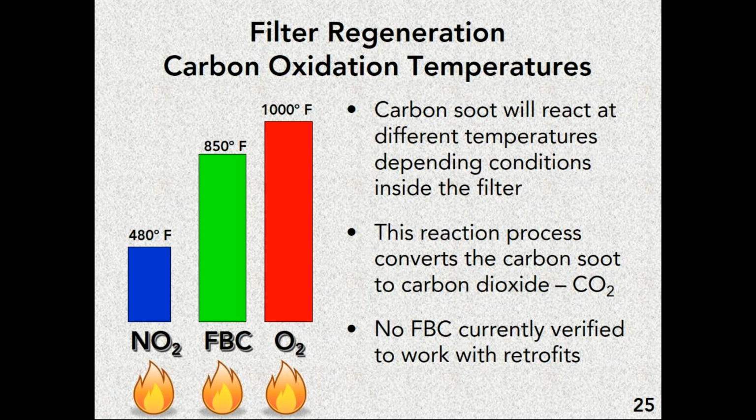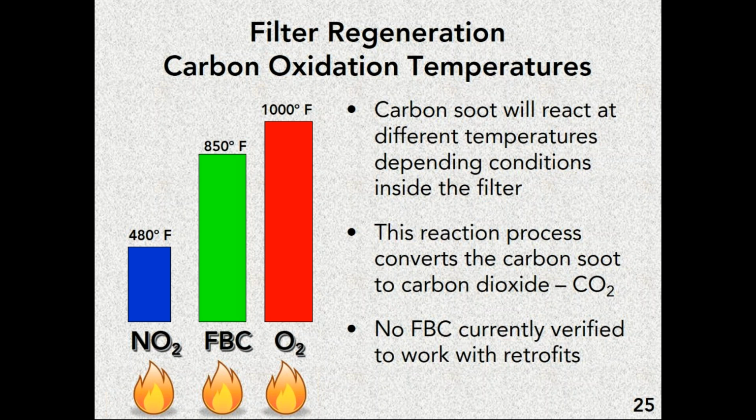We need a temperature that is lower, and that's where another catalytic reaction comes into play, and it's called NO2. NO2 is nitrogen dioxide. And in the presence of nitrogen dioxide, carbon particulates will actually burn at 480 degrees Fahrenheit. Now, that is still a little high for some engines and the operation of many engines, but that is doable.